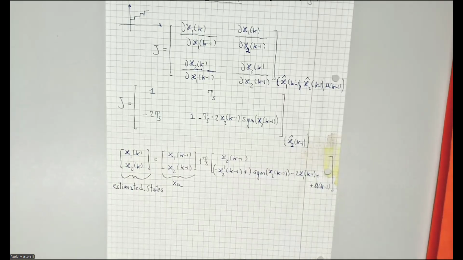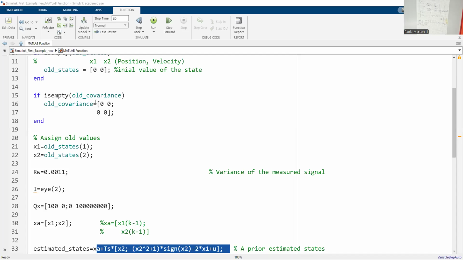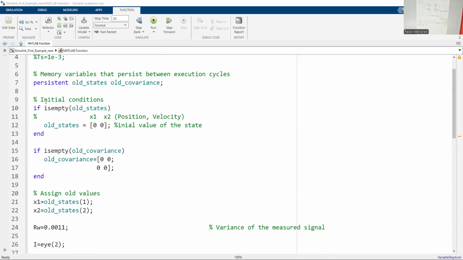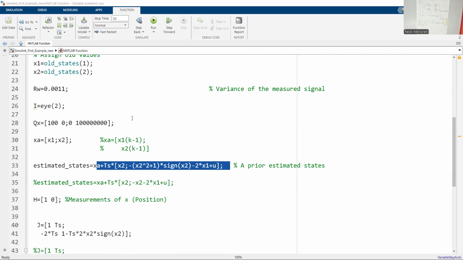Of course, copy in the sense you have to organize the variables in the right way, using this form. You remember I told you a lot about the embedded structure, considering this if empty, because the initial condition is not outside but inside, and so on. You have to put this persistent in order to realize the recursivity inside, but the rest is basically copied.